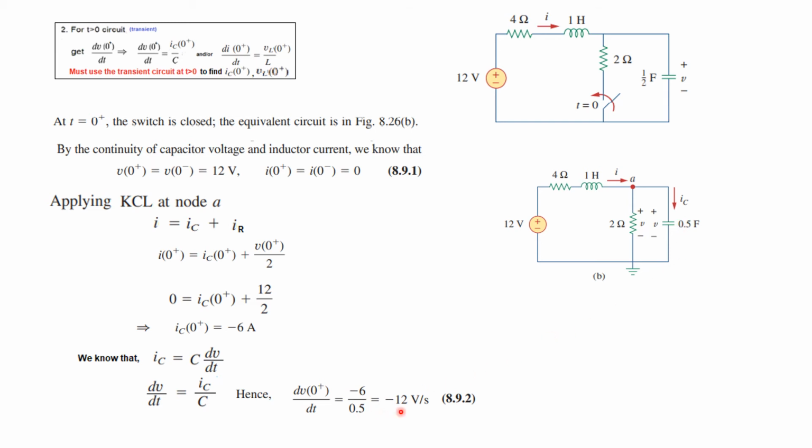So solving, we find dV0 plus/dt is minus 12 volts per second.